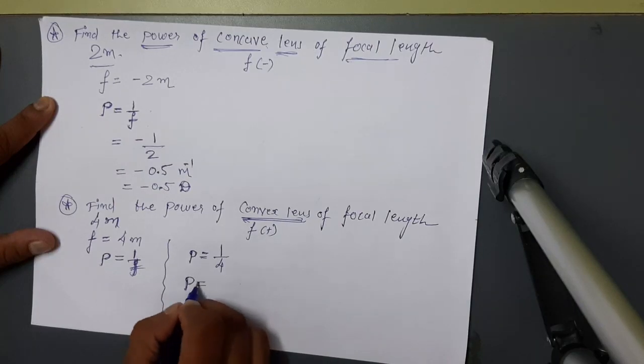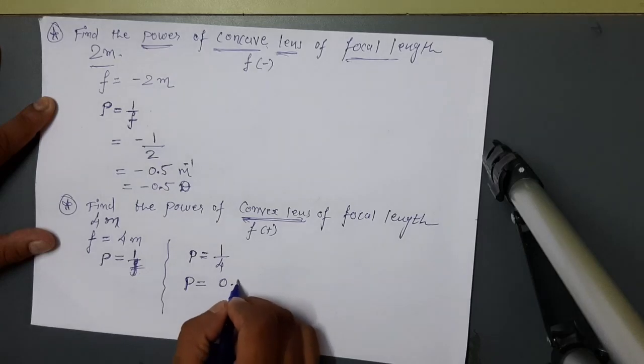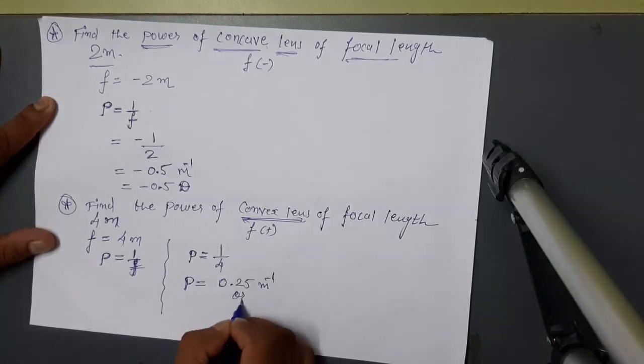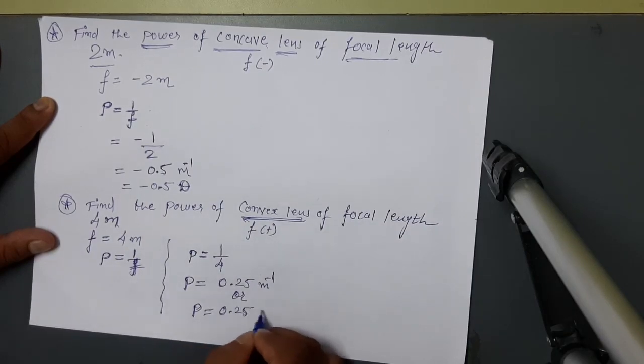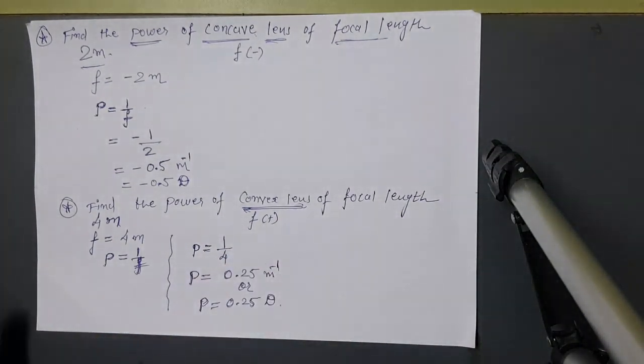Power of lens P is equal to 0.25 meter inverse, or we can also write that power of lens is equal to 0.25 diopter. So this way we can calculate the sums related to power of lenses.